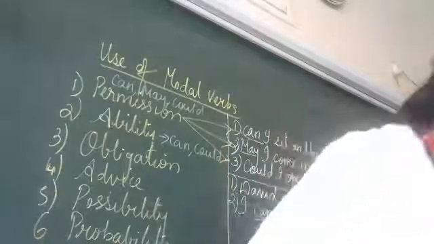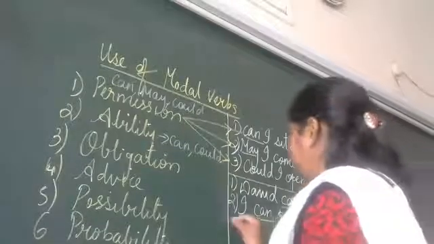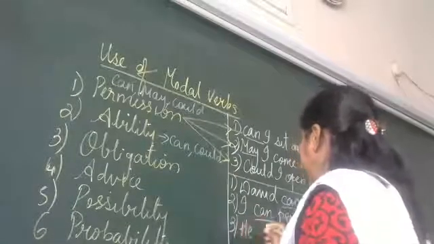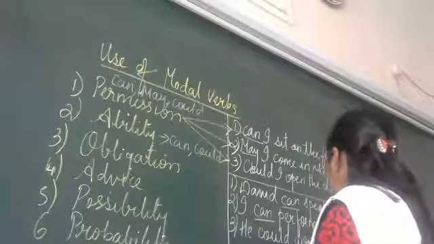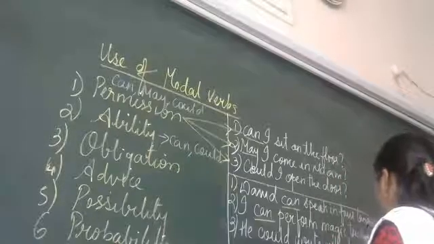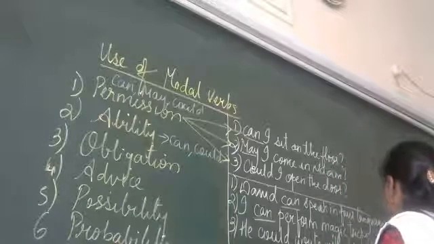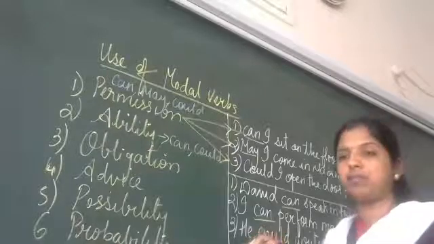Got it? Next also we have could. So the sentence for this is, he could write with his left hand. That means again the ability of that particular person.